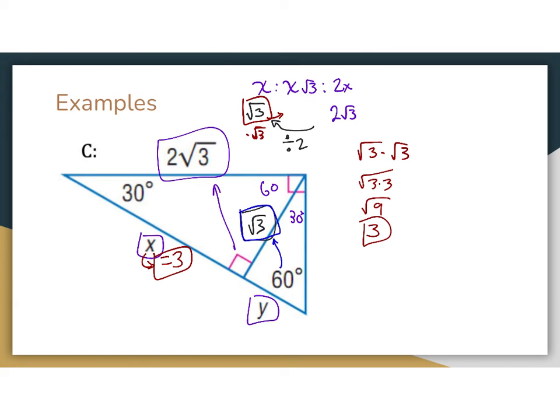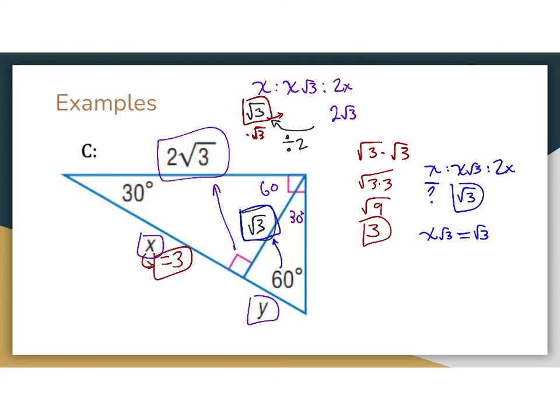Here, from this perspective, down here, I'm given my long leg, and they want the short leg. So I'm given that my long leg is square root of 3, and they want this one. Well, remember that my long leg is merely my short leg times square root of 3.